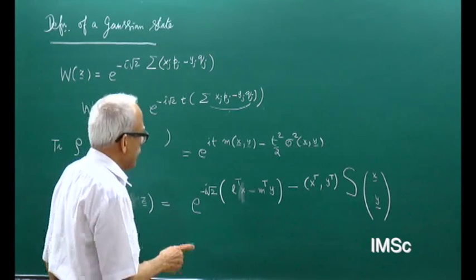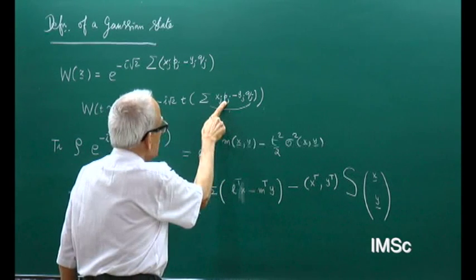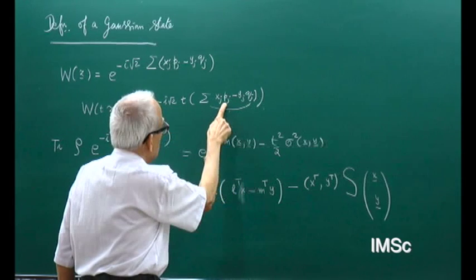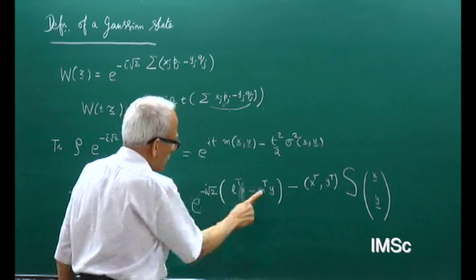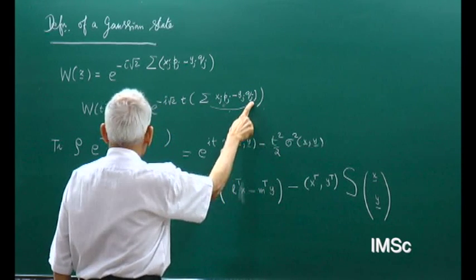and this tells me that L is the mean value of the momentum vector, M is the mean value of the position vector.